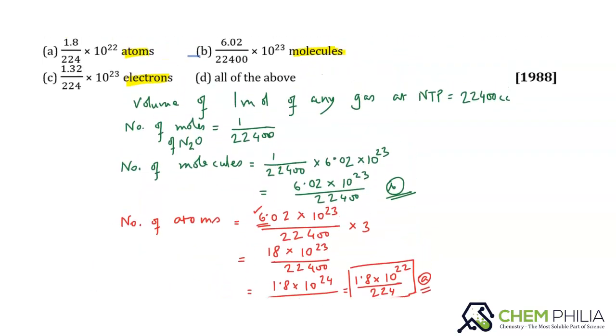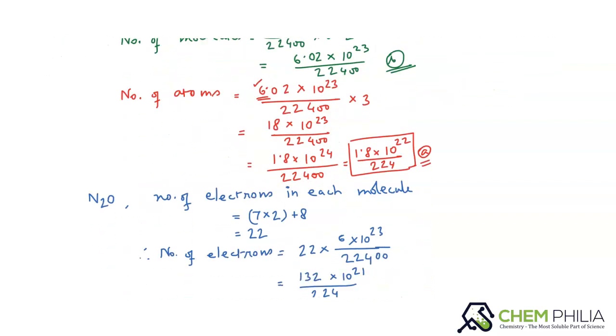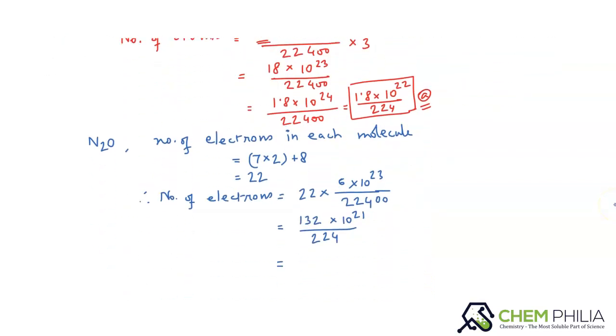So let's see option C, 1.32 into 10 to the power 23 divided by 224. So yes, it's 1.32 into 10 to the power 23 divided by 224. So this is option C. Option C is also correct, which means ultimately it's option D, all of the above, that is correct.